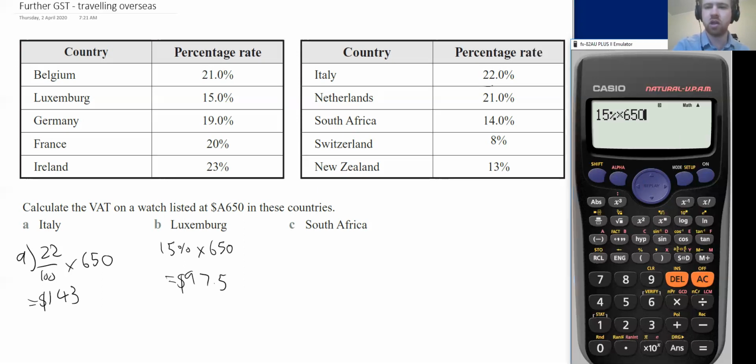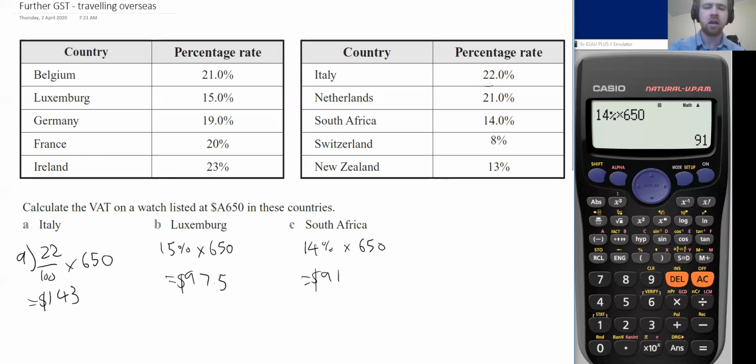So we can just change that number very slightly to 14, and we get $91 exactly. So 14% of 650 equals $91. So if you were then to find out the post-GST price, it would be 650 plus whatever this value is that we've calculated. Again, GST, VAT, same difference.